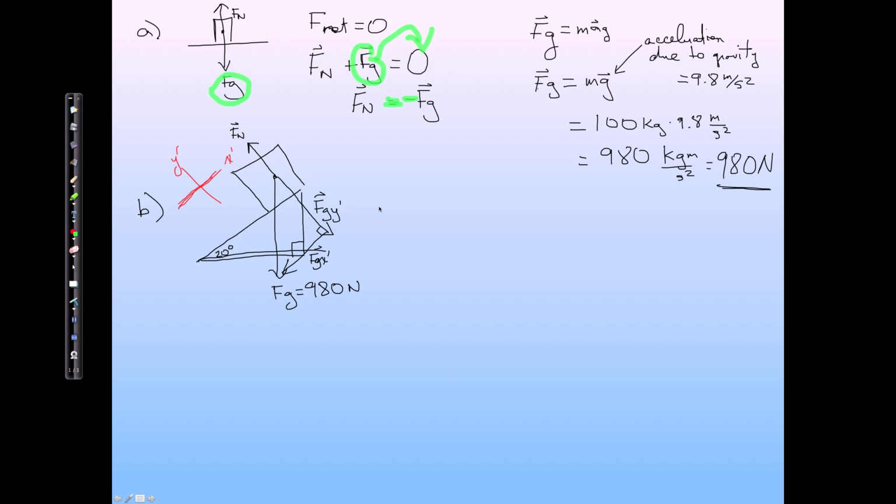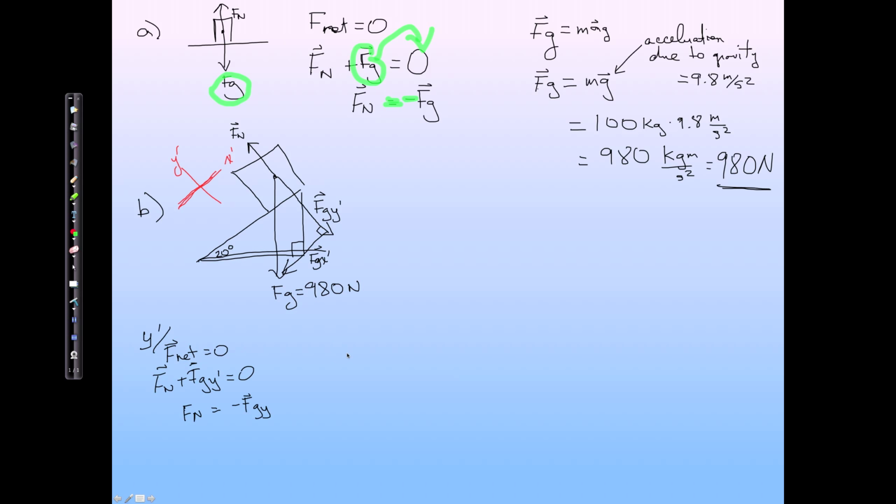So in the y prime direction, F net equals 0, which means that Fn plus Fgy prime equals 0, because the net force is just the sum of the forces acting in one direction, which means that Fn equals negative Fgy prime.